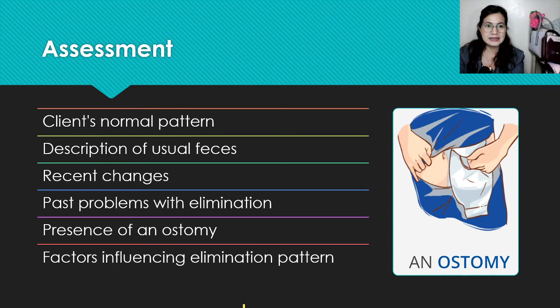For the assessment, check the client's normal bowel movement, and also the characteristics of the feces. What's the usual feces? Are there any recent changes? Are there any past problems noted? Have you noticed the presence of an ostomy?